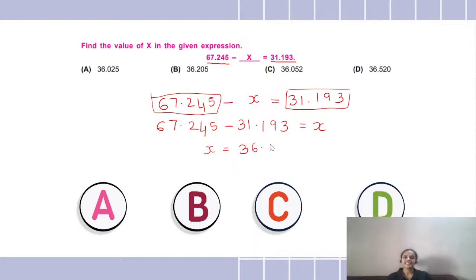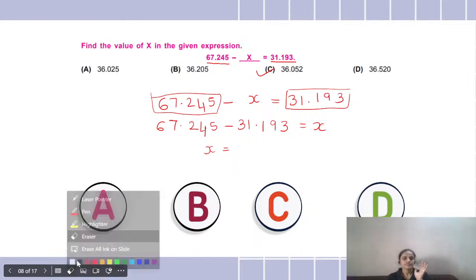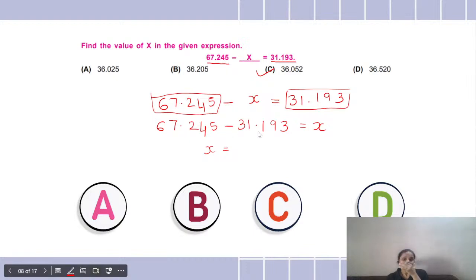Okay, and that gives me the answer as x equals option B. Yes, 36.205. So option B, sorry, option C is correct. I'm so sorry, my bad. Option C is correct. So when I subtract 31.193 out of 67.245, I get 36.052.